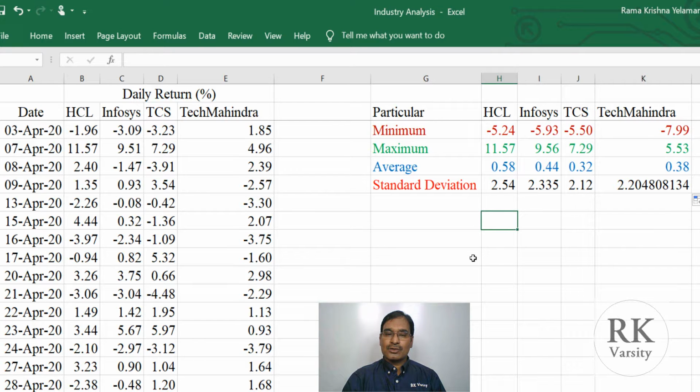If you are choosing only two companies, that is HCL and Infosys, and you wish to know whether the average returns of HCL and Infosys are the same or different, then you have to use the independent sample t-test. And if you want to see whether the average returns of all the four stocks are the same or different, then you have to use analysis of variance.